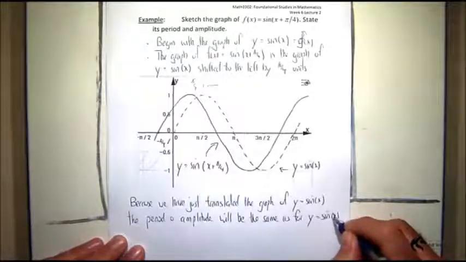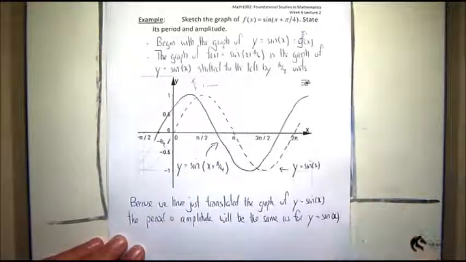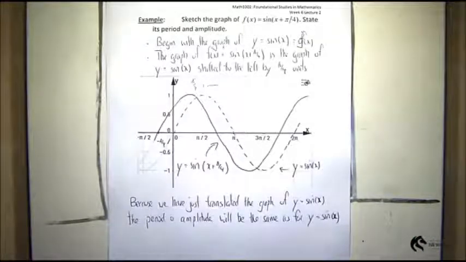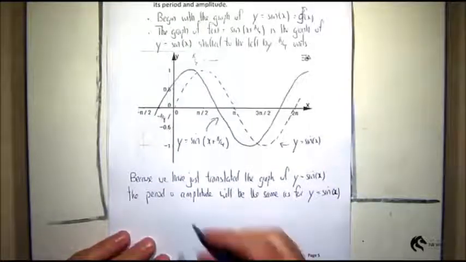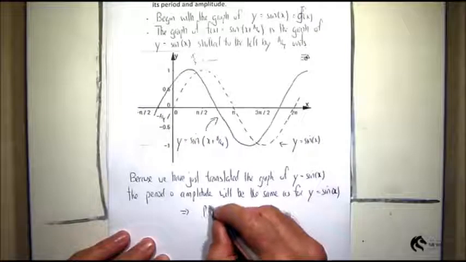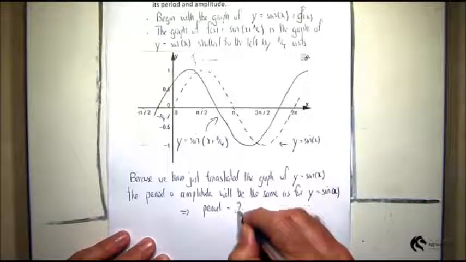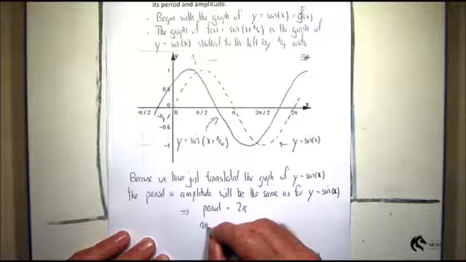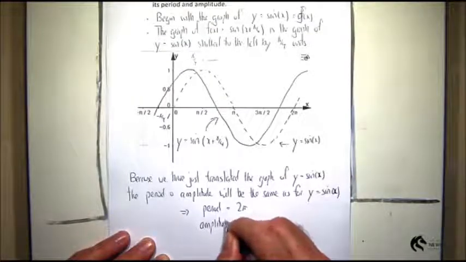So all I've done, I've got the graph and I've just shifted it to the left. So I haven't changed the period, I haven't changed the amplitude at all. And so that would say it's therefore that the period is still 2 pi and that the amplitude is still 1.